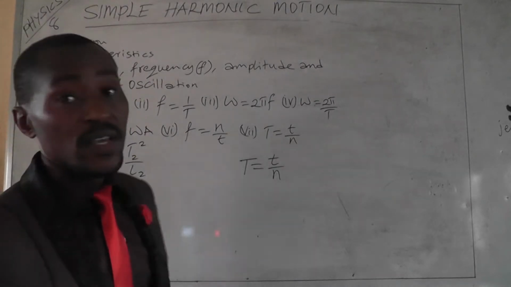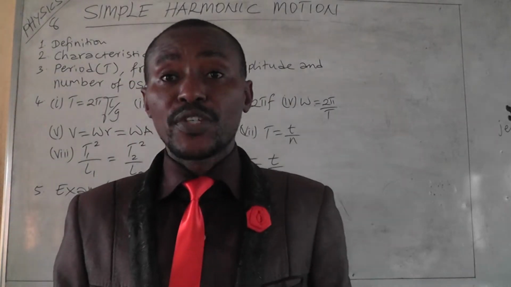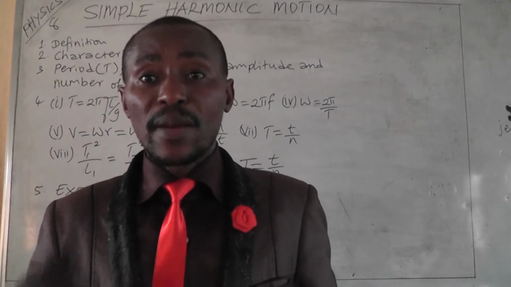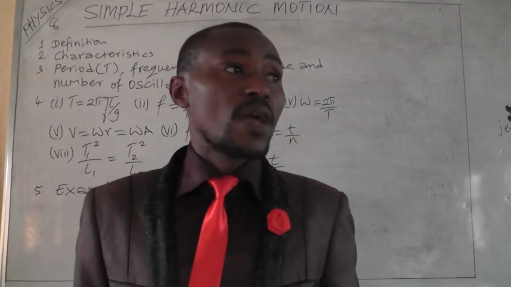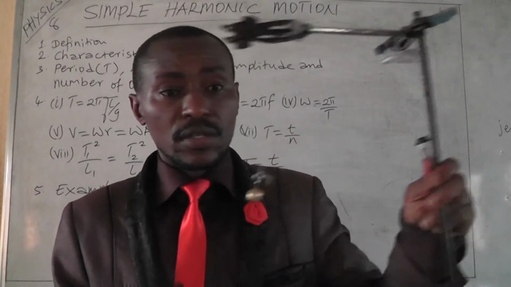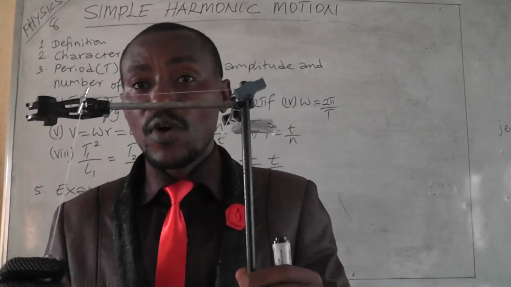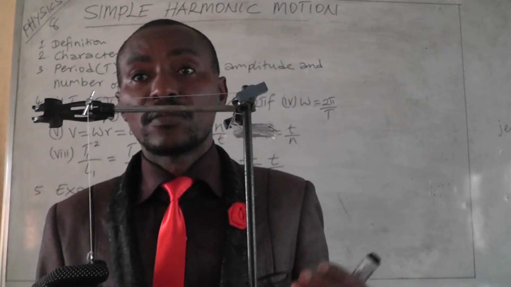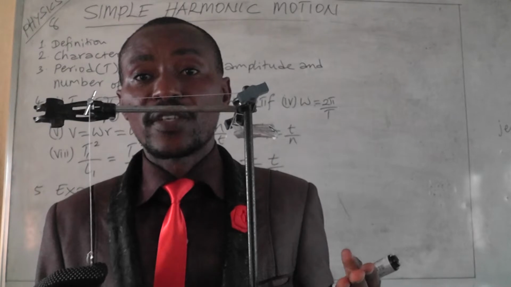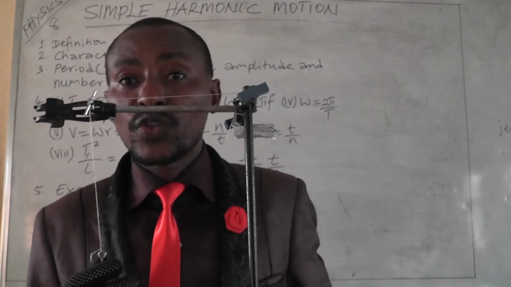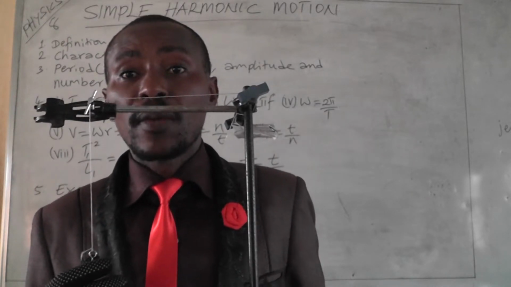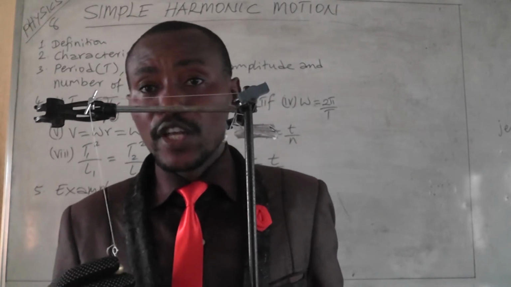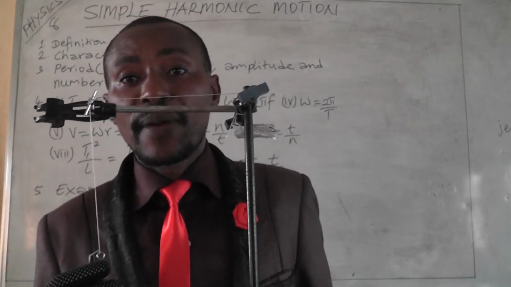What about frequency? Frequency is the number of oscillations completed per second. If you have, for example, 20 oscillations in 32 seconds, to get the frequency you divide the number of oscillations, which is 20, by 32.